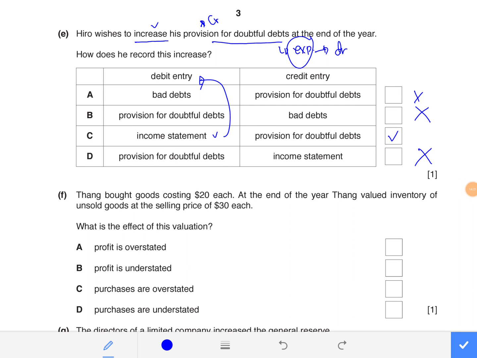Unsold goods means we are talking about closing inventory.